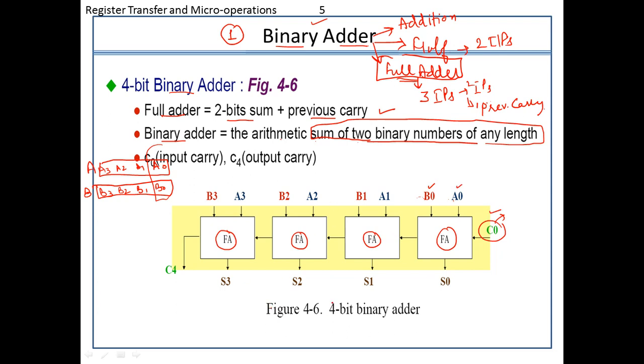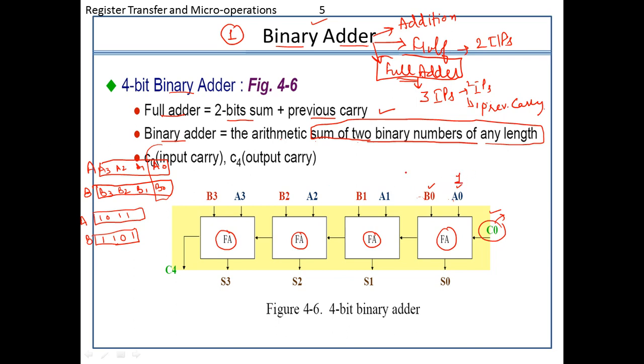This is how I have presented it. Let's suppose the example here is that in the A register, the data stored is 1011, and in register B I am taking some random data, let's suppose it is 1101. Okay, so how A0, B0 and all these will be described.